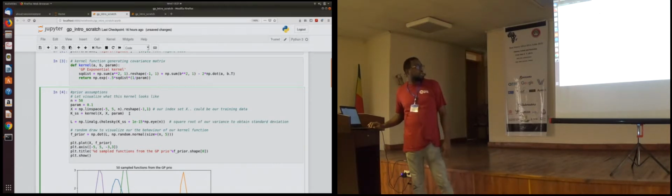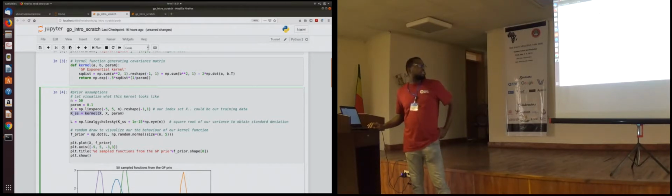Then I make the kernel function, the covariance matrix, based on the kernel function that I display. This gives me the variance, so if you want the standard deviation, you take the square root of the variance.